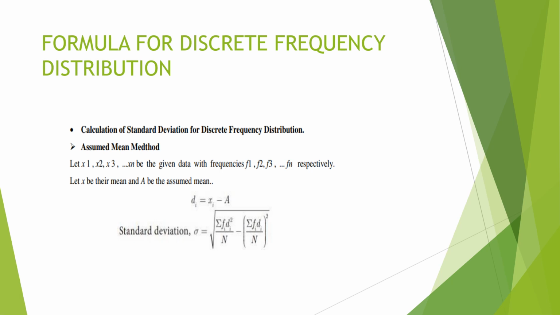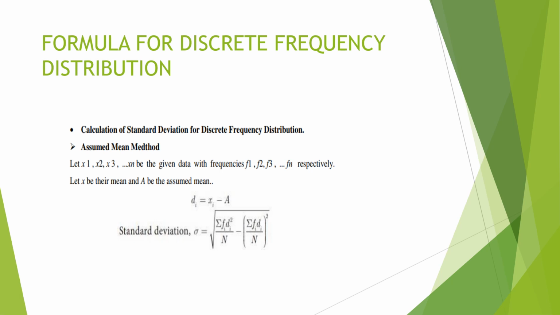The calculation of standard deviation for discrete frequency distribution is by the assumed mean method. Let x mean be the mean and a be the assumed mean. d is the deviation, x minus assumed mean.